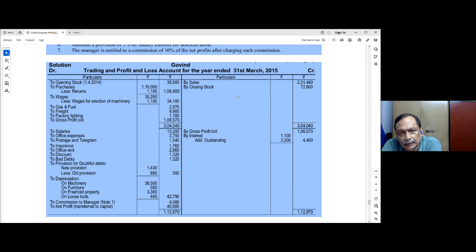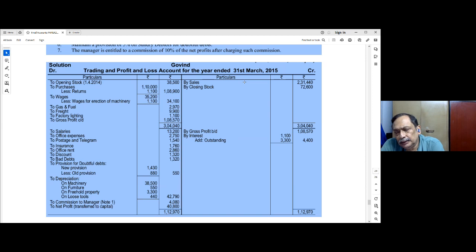And from there, we are deducting wages for erection of machinery. Then we are taking gas and fuel, freight, factory lighting, and the credit side we are taking sales and closing stock.